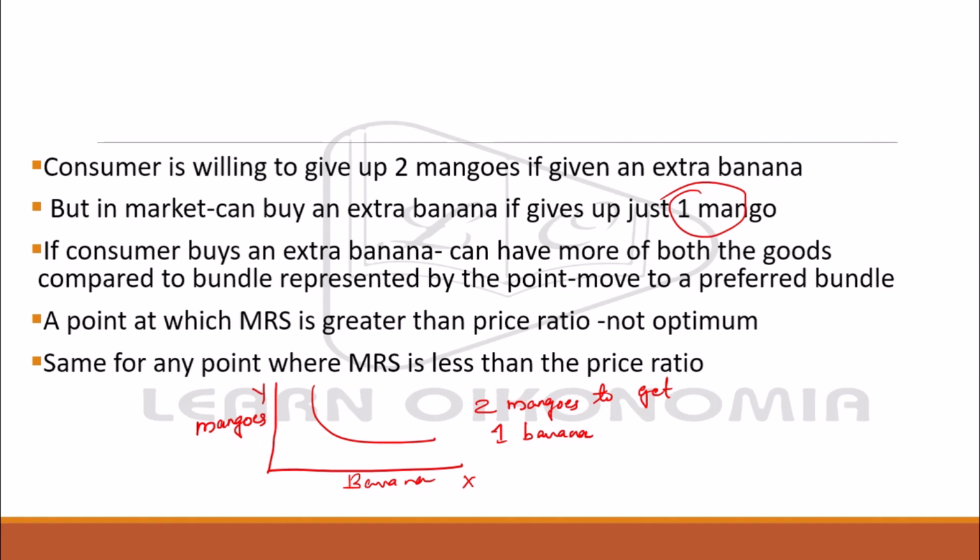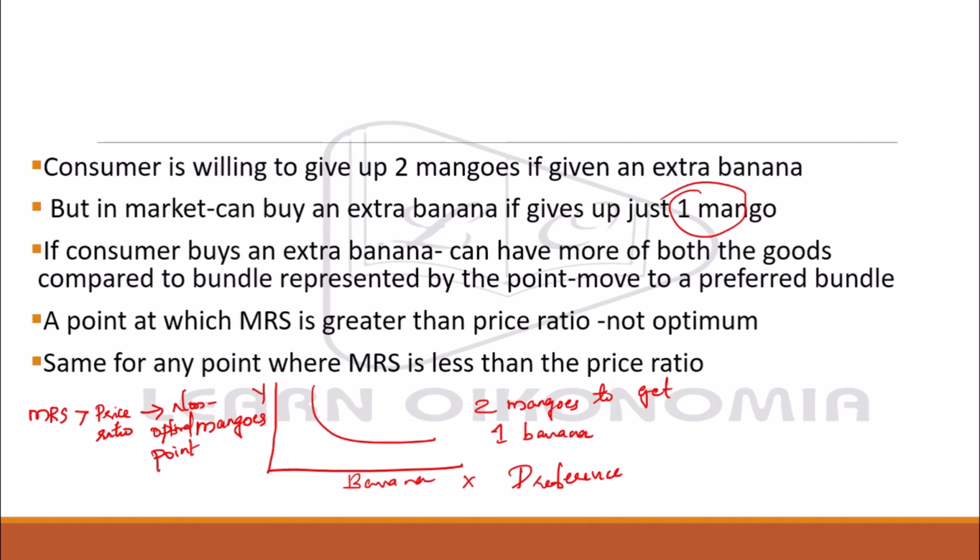The consumer will always have a preference. Okay. So we could see that if the MRS is greater than the price ratio, you consider this a non-optimal point.